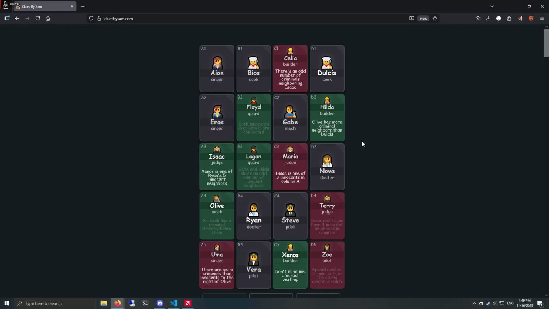There's an odd number of criminals neighboring Isaac. Hilda has a 1-1 on the core and the sides. Oh, there's a 1-1 here. That's true. I'm trying to think what else I can hold on to.